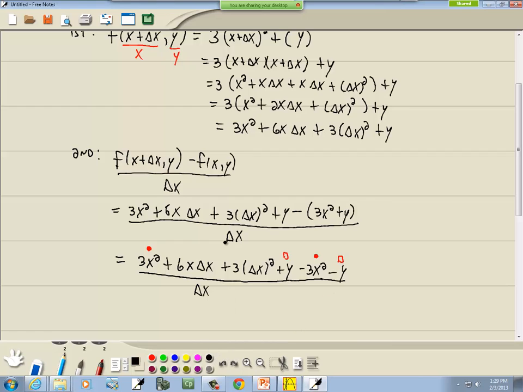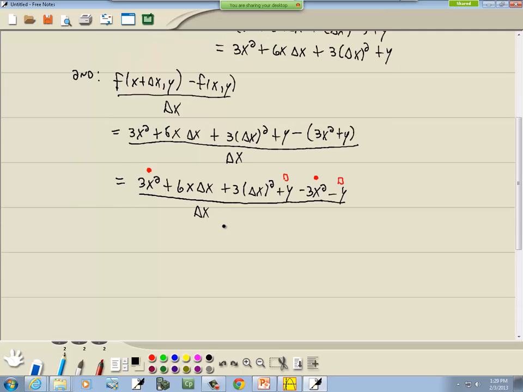So let's see what that leaves us. We're going to have 6x delta x plus 3 delta x squared. I guess that's the only thing left up on top. Now you notice up on top everything has a delta x, so I'll factor that out.